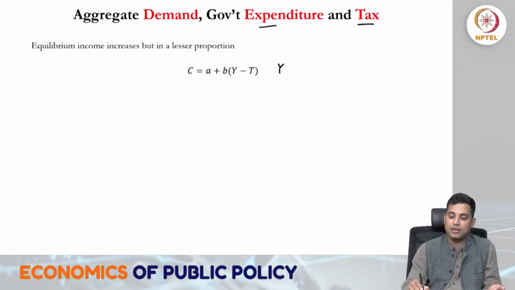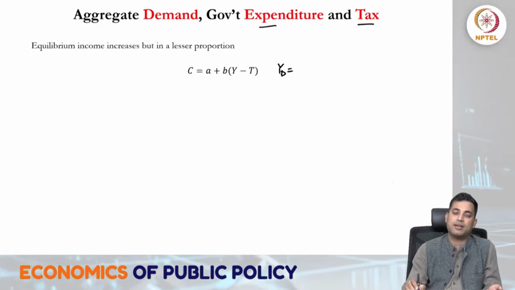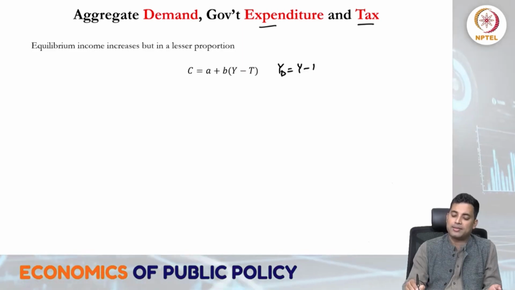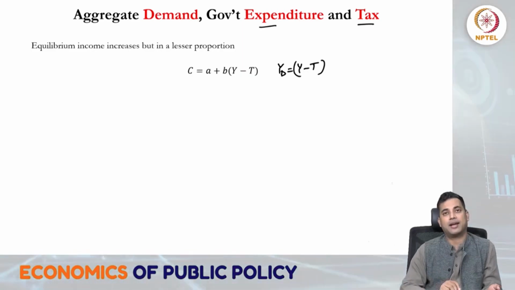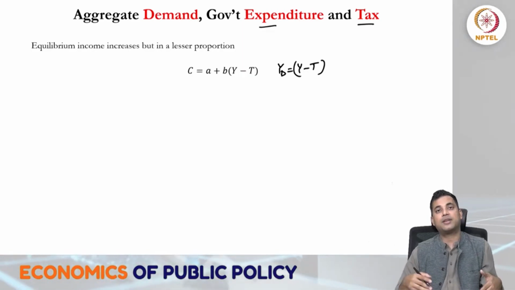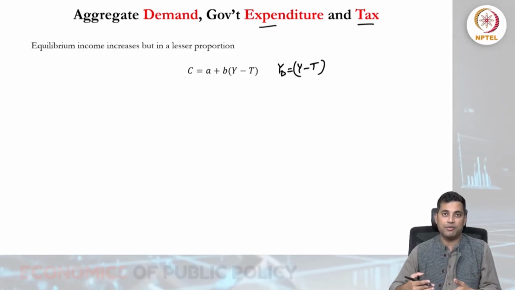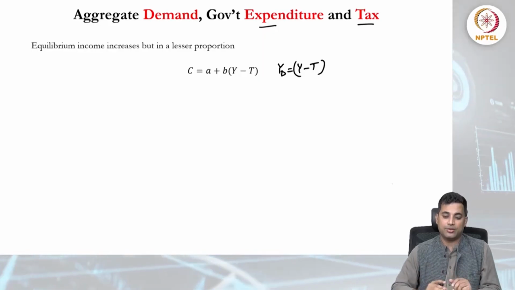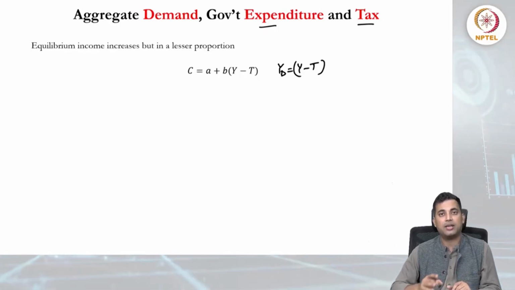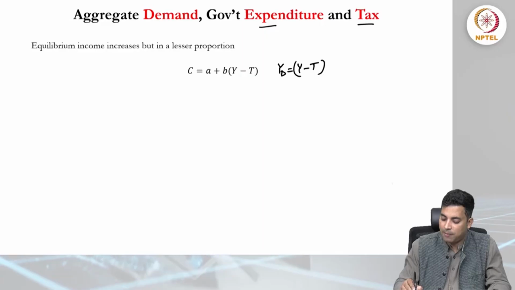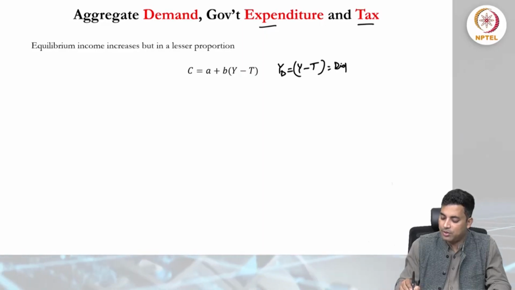Now total disposable income is Y minus T, where T is the tax. After deducting the tax, the net income that an individual or a nation as a whole gets is what we call disposable income, as we already know.